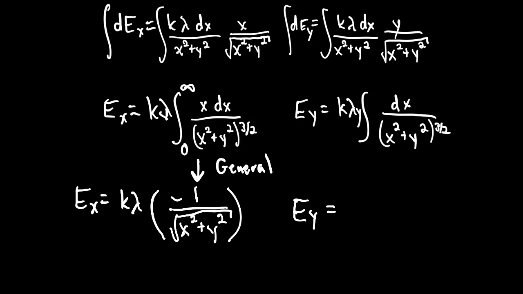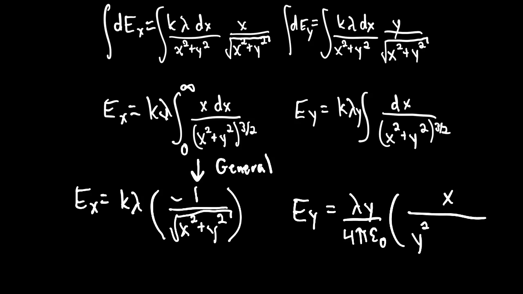So would this table be given to us, or is it one of the tables you gave us? I would give it to you. 4 pi epsilon naught, x over y squared times the square root of x squared plus y squared. Going from here to here is some black magic.